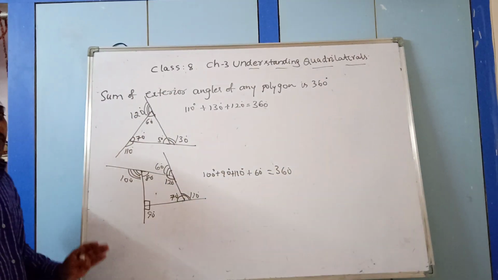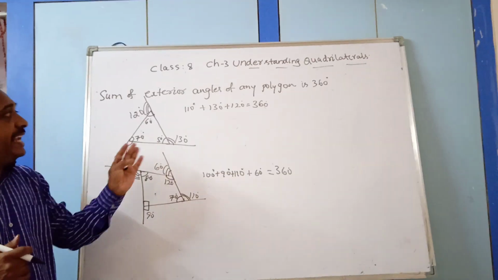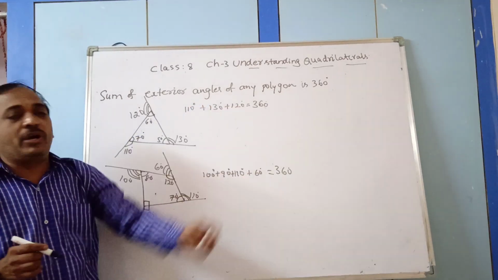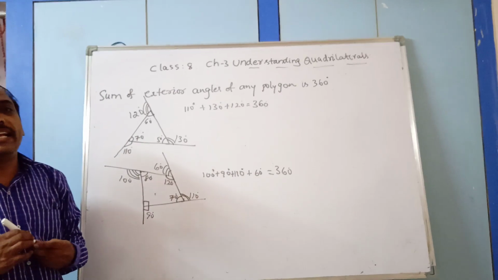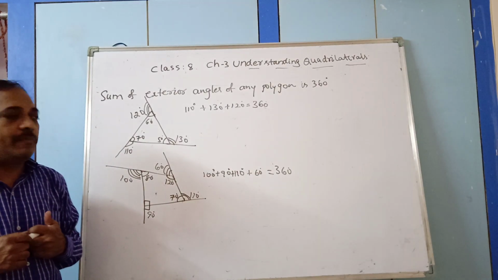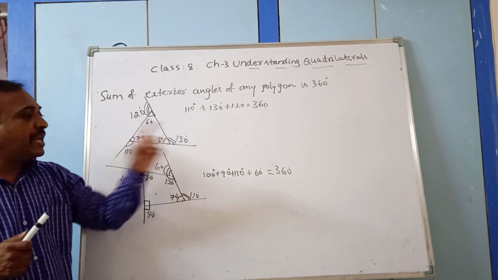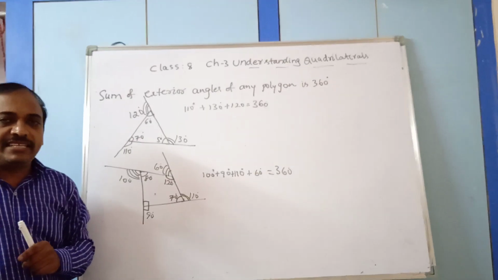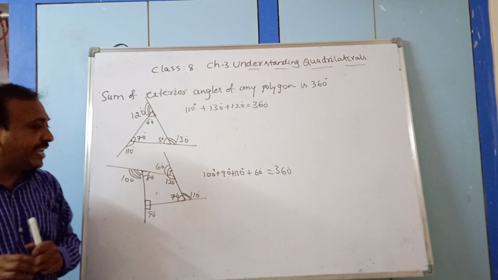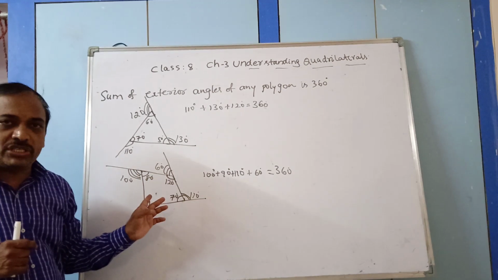So whatever polygon you take, the sum of the exterior angles of any polygon is 360 degrees. Is it clear? 360 degrees. I hope you understood here.